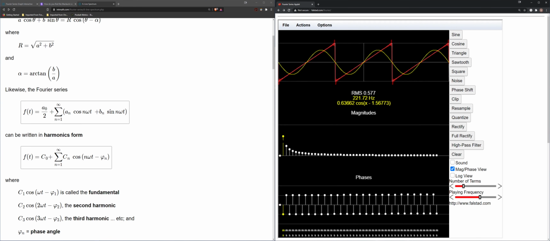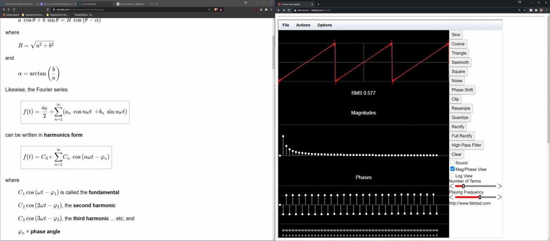So this one over here is representing the amplitude C1 of your first harmonic. This one is representing the amplitude of the second harmonic, and you see that the amplitudes are decaying, right? So this is giving you an idea that the frequencies in the sawtooth are more concentrated at your lower frequencies, in the lower harmonics here, right?